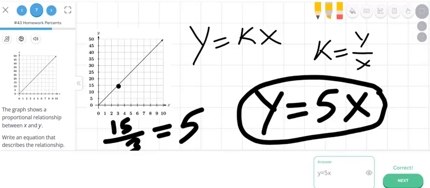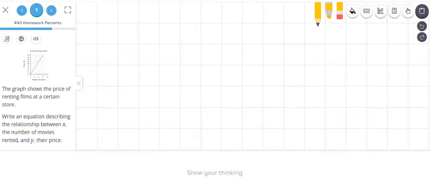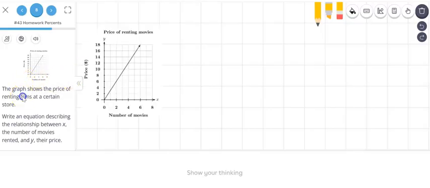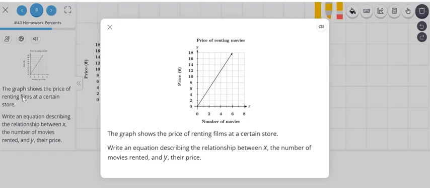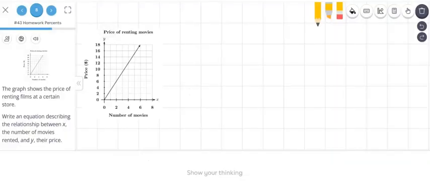So let's see if you guys remember that. So here's another one. It says the graph shows the price of renting films at a certain store. Write an equation describing the relationship between x and the number of movies rented, y, and their price. So this one does have proportional relationships.